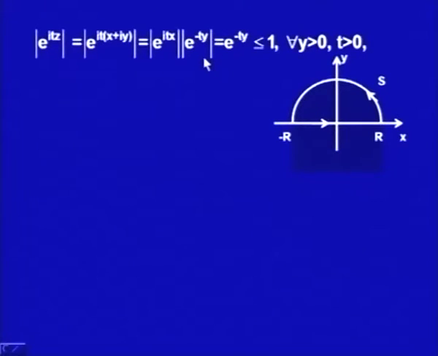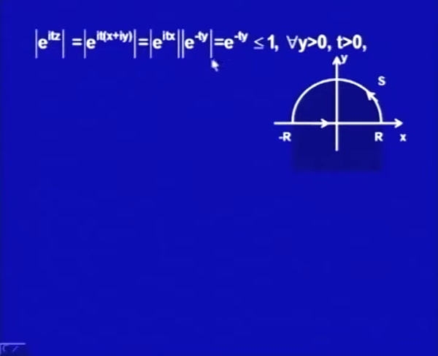Since we know that for complex numbers x and y, the absolute value of x times y is equal to the absolute value of x times the absolute value of y. Now, the absolute value of e to the power i t x: by Euler's formula it is cos t x plus i sin t x, and its absolute value is always 1, because cos square t x plus sin square t x is 1 for all t and for all x.